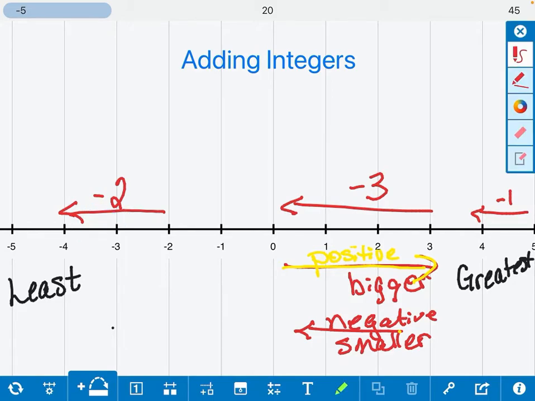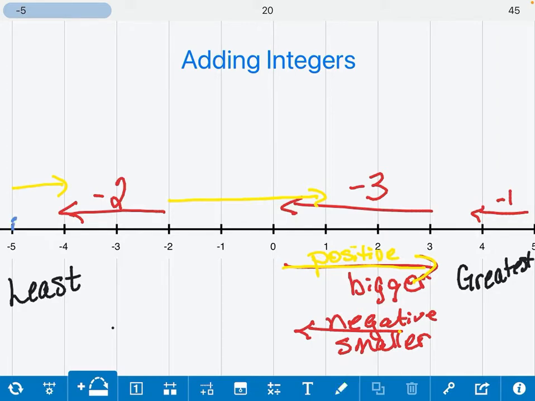And any line that is going to the right, no matter where you start, is a positive value. So this value starts here and goes here. That is a 1, but it's not a -1, it is a positive 1 because it's going to the right.